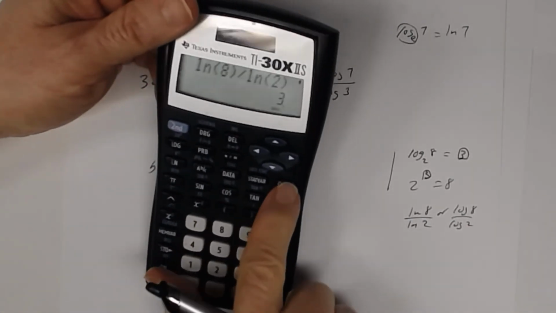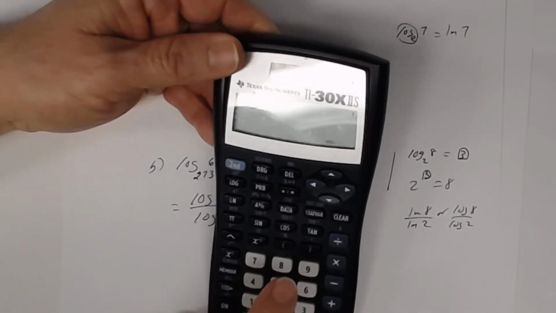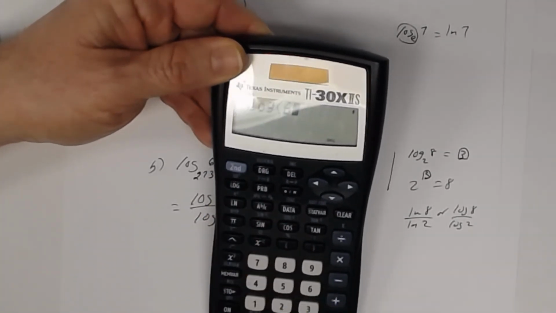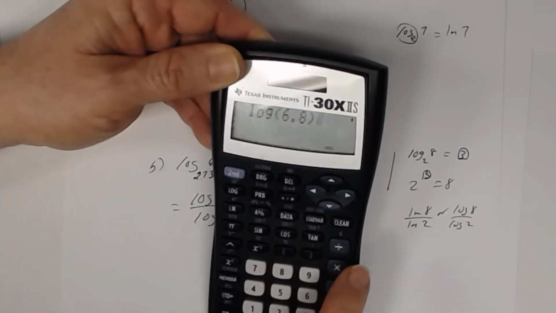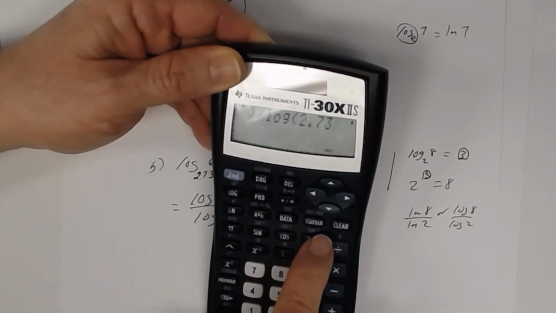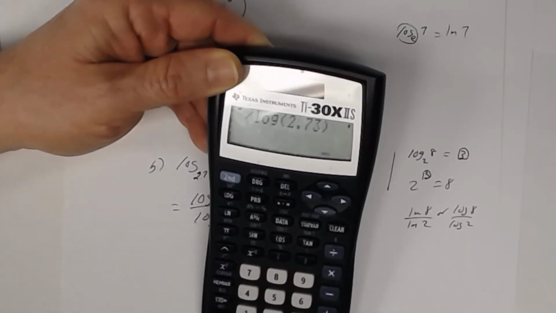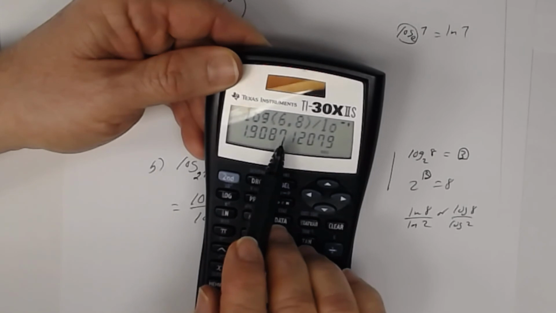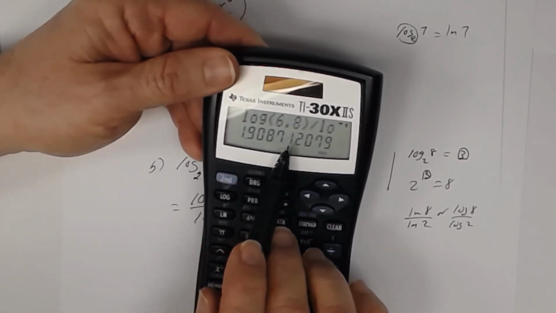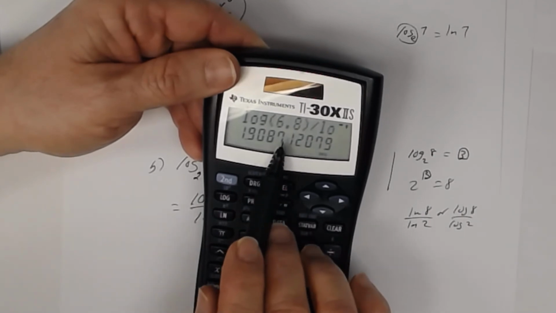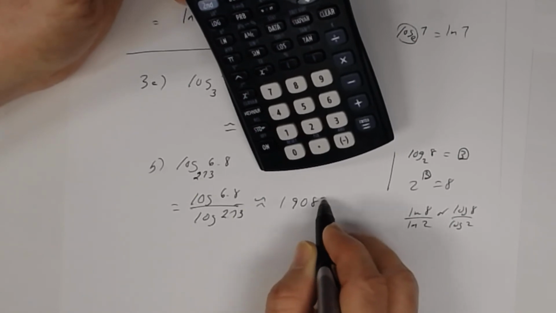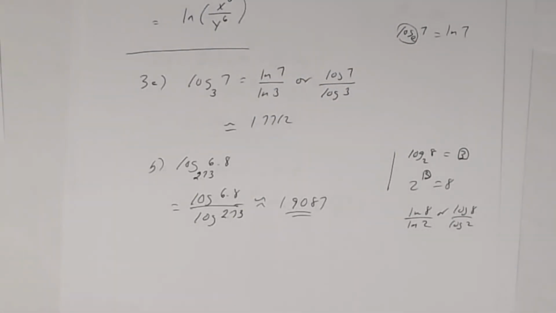I have the log of 6.8, close the parentheses, divide by the log of 2.73, close parentheses, press equal, and to 4 decimal places you get 1.9087. Since the next digit is less than 5, the 7 stays 7. So 1.9087 is the answer there.